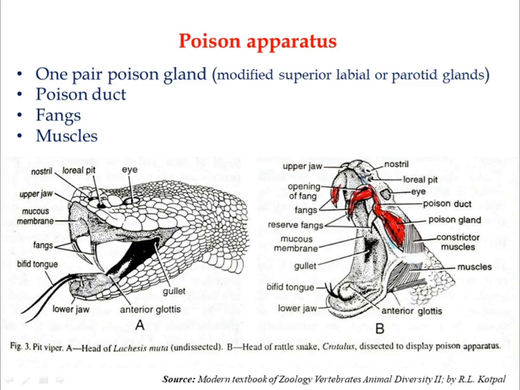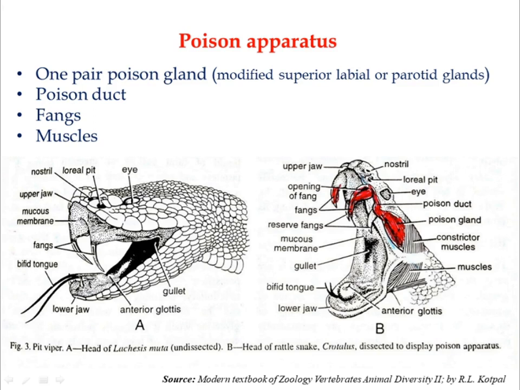In the solenoglyphous type, which is the characteristic feature of vipers and rattlesnakes, the fangs are movable and they turn inside the mouth and lie horizontally with the roof of the mouth. So they are movable, means they don't remain permanently erect. They can be folded inside the mouth.